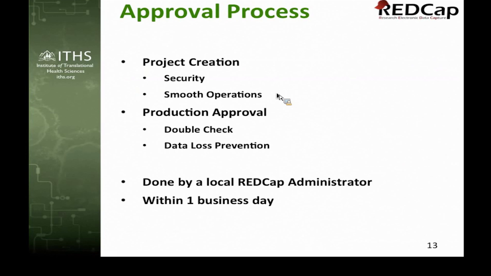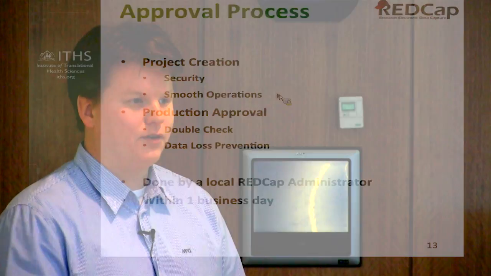So that's a little bit of a double check for us. It also basically keeps the number of necessary projects down, which ensures the smooth operations of our REDCap instance. The more projects, the slower it runs. So if we have only the projects we need, it runs the smoothest. That's the idea behind it.